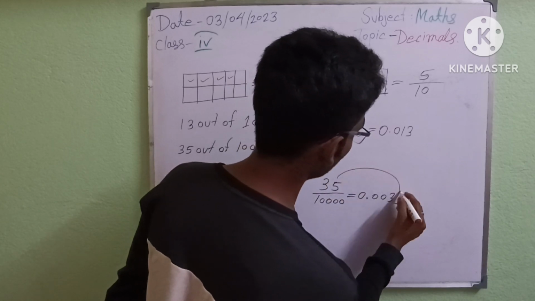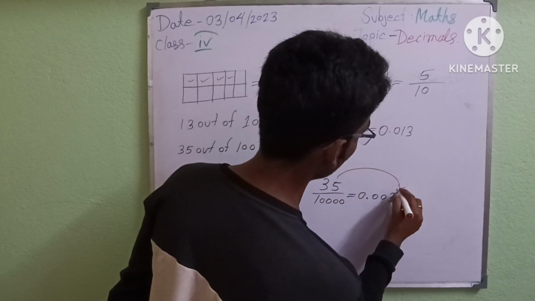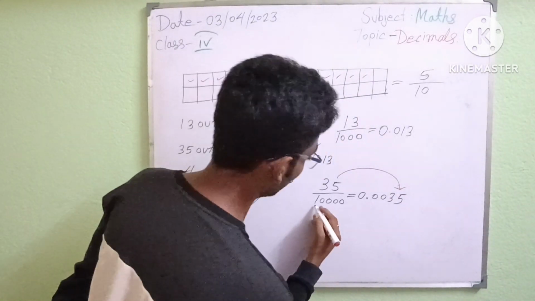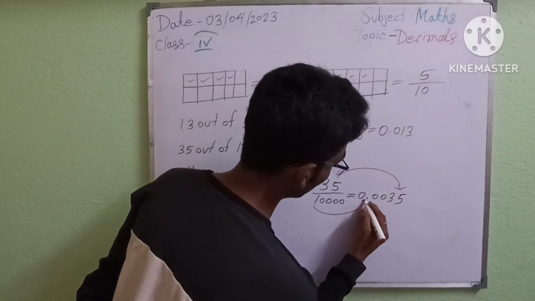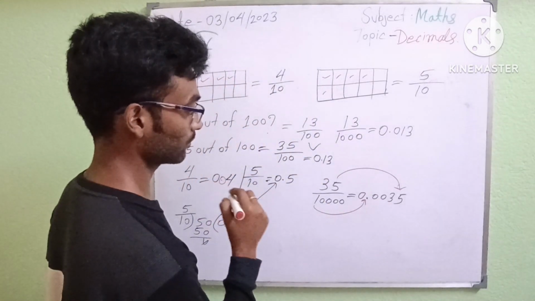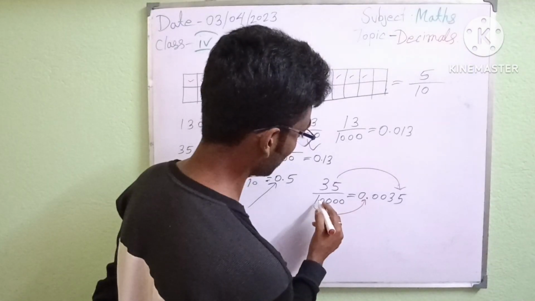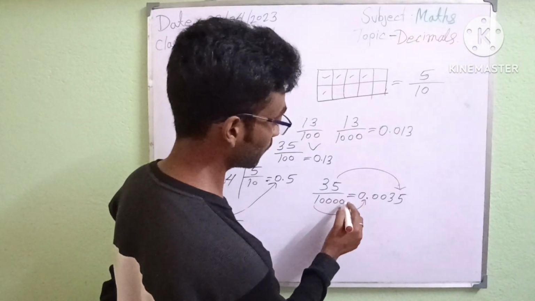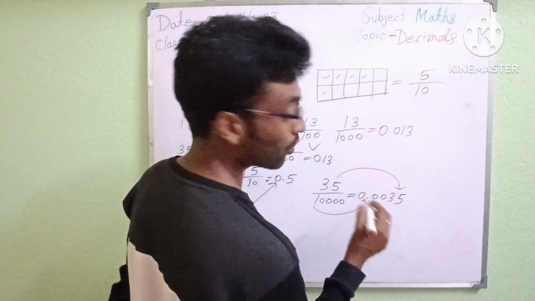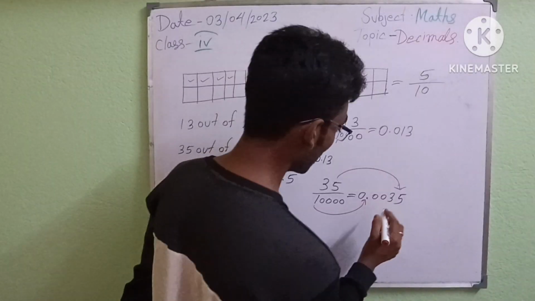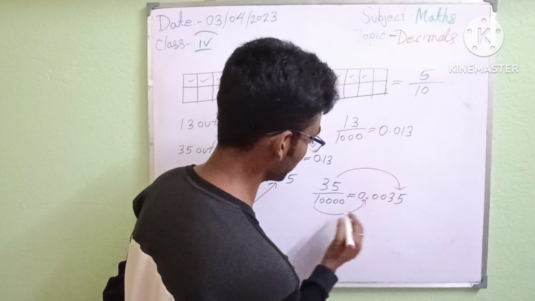For 35 we are keeping 35 here, and for 1 we are keeping the decimal point. And how many zeros are there after 1? 1, 2, 3, 4. So we need to keep here 4 digits.